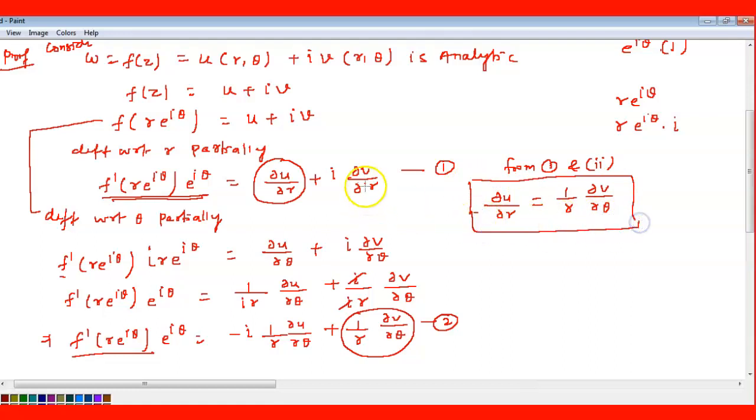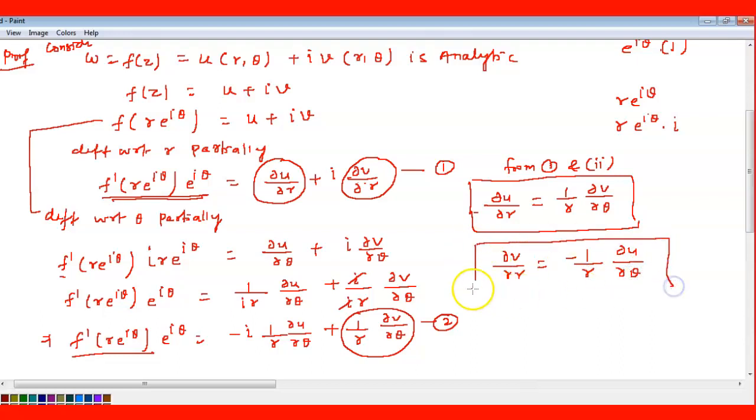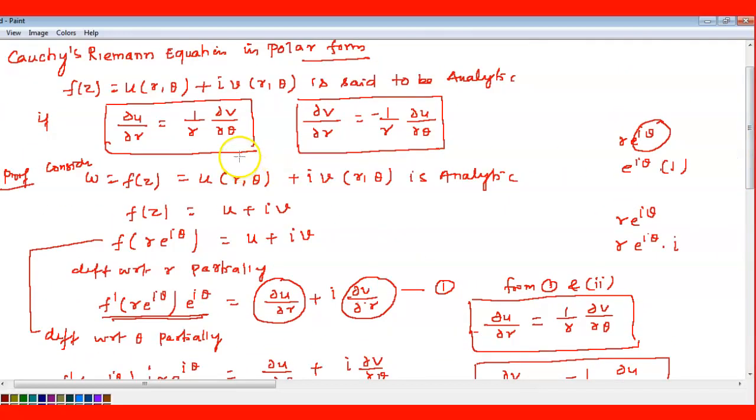And for the imaginary part, del v by del r is equal to minus 1 upon r del u by del theta. This is the same as the Cauchy-Riemann statement, same statement.